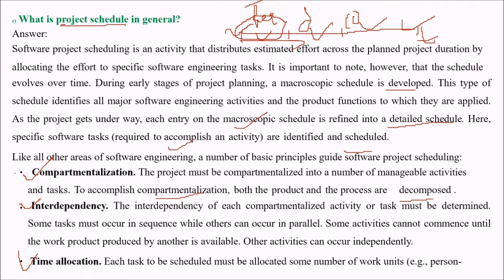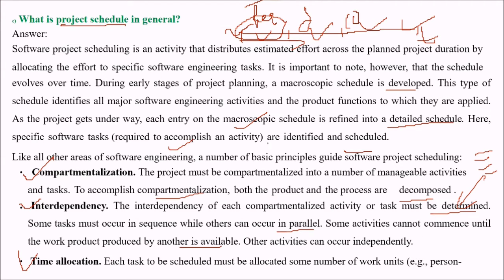What about interdependency? The interdependency of each compartmentalized activity or task must be evaluated and determined. So some tasks must occur in sequence, while others can occur in parallel also. Some activities cannot commence until the product produced by another is available. Other activities can occur independently also.